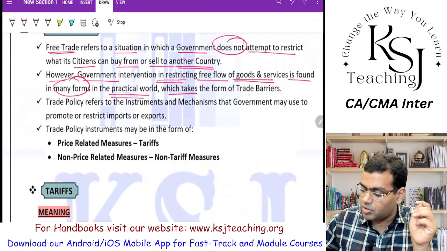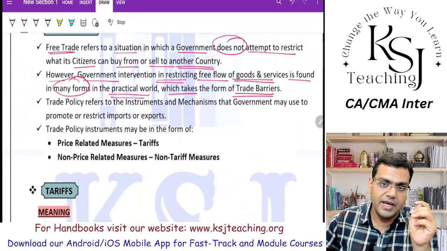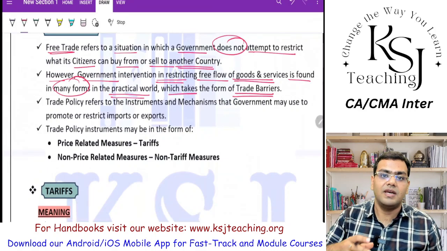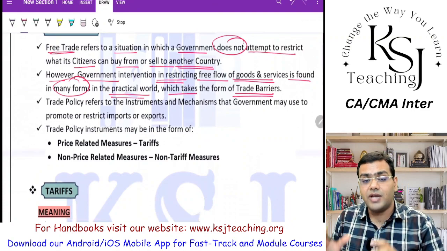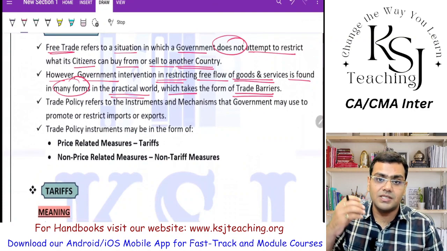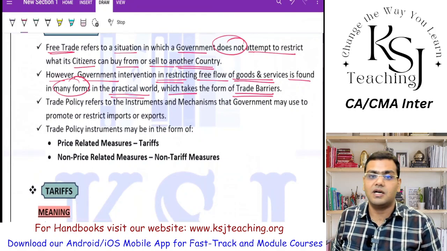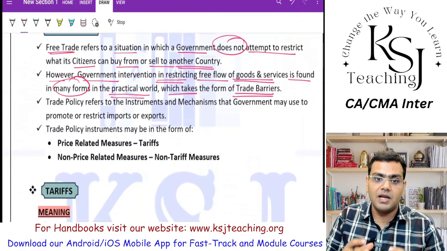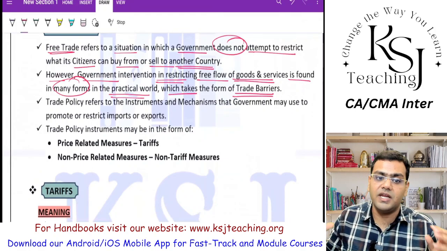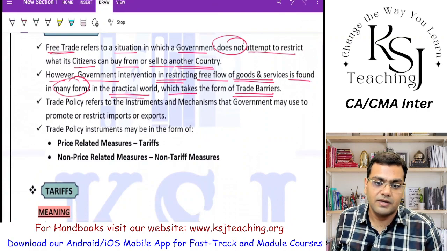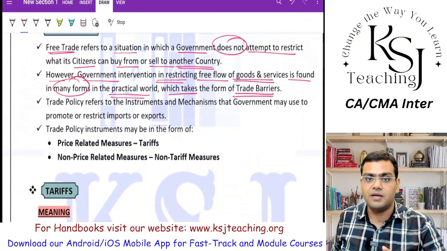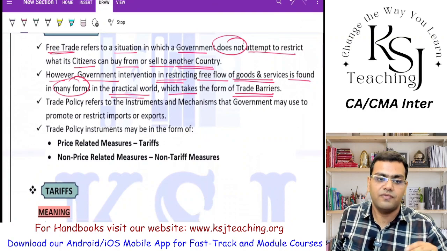Which takes the form of trade barriers, right? So the government intervention here has been given the name trade barriers, that there will be some sort of barriers created by the government so that the people are not absolutely free to buy and sell anything, right? Absolute freedom is not there. See, absolute freedom will be harmful.